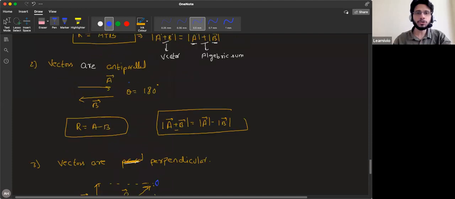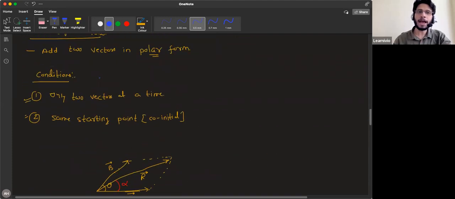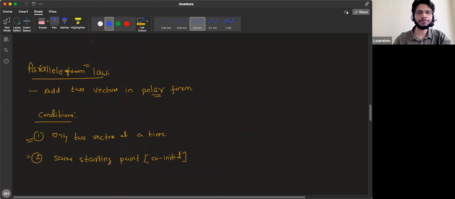There's one more thing. Using parallelogram law, you can add two vectors. So I'm adding two vectors here. Using the same parallelogram law, you can do the subtraction also. The type of question that you get in entrance exams are usually a mixture of addition and subtraction.